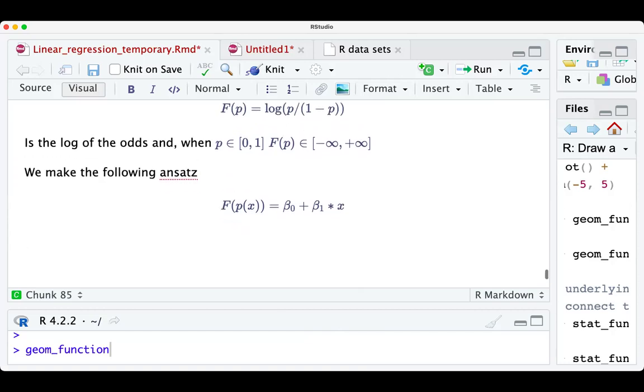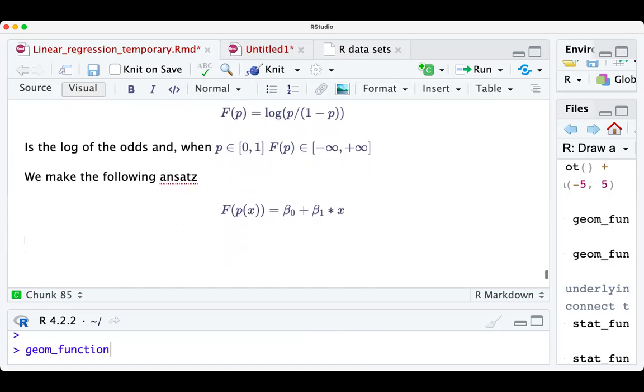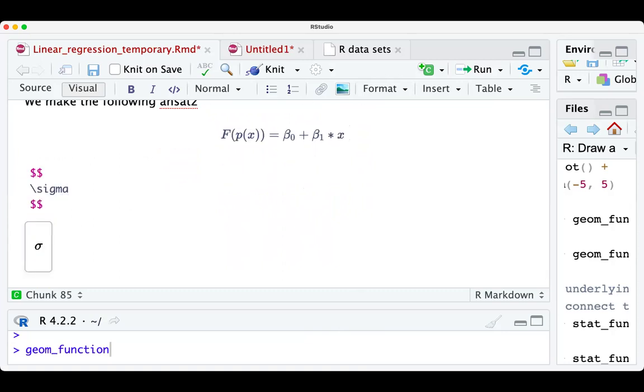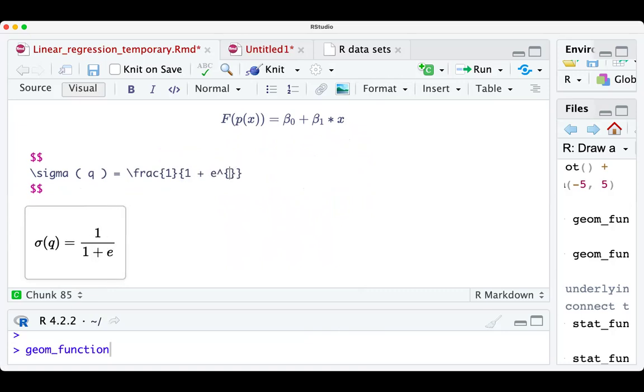So this function f also has an inverse. The inverse is the sigmoid function, which is 1 divided by 1 plus the exponential of minus q.